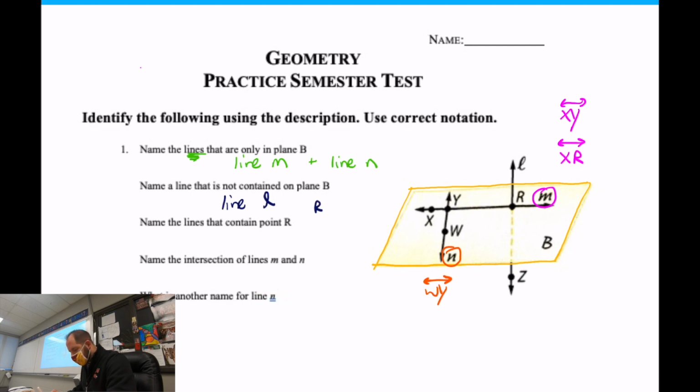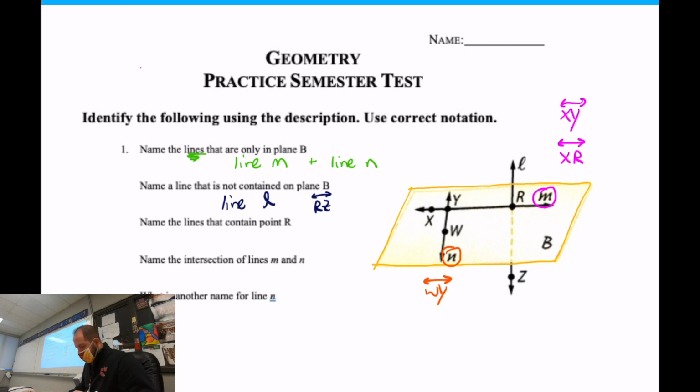You don't have to put both. You just have to put one or the other, whatever one you're comfortable with. It's not on the plane because it's poking through it, so it's not contained on it. It's not completely drawn on the plane. It poked through it, that doesn't count. Okay, are we good on the top two? Thank you for the volunteers.